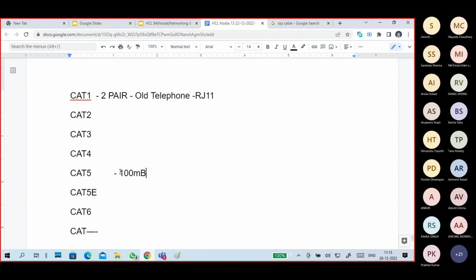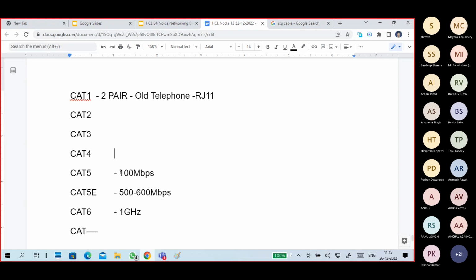100 Mbps support. Cat 5 is 100 Mbps support. Cat 5e is 500 to 600 Mbps, as I remember from the Coaxial N plus textbook, so I'm giving this as 1 gigahertz.